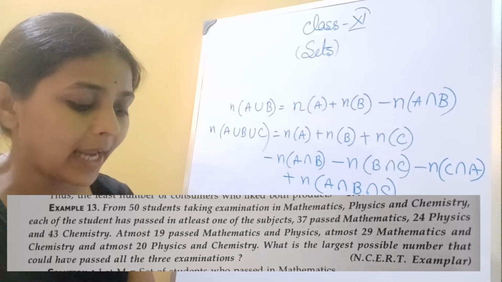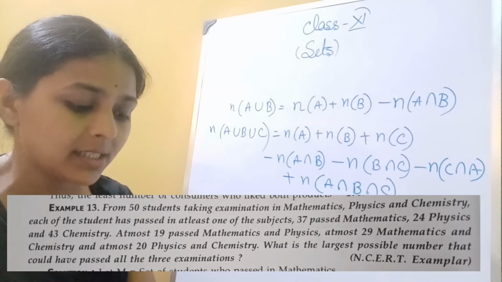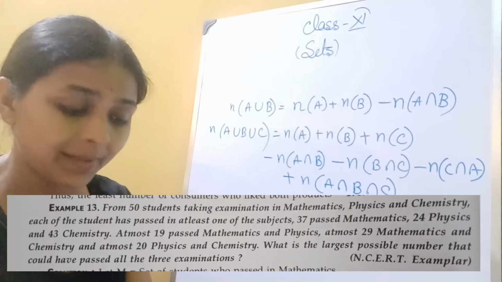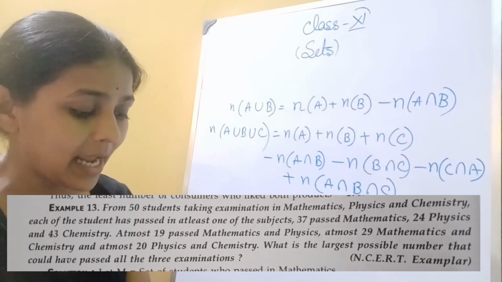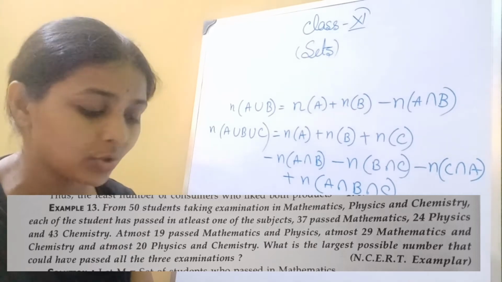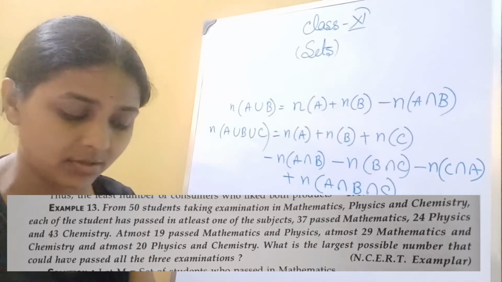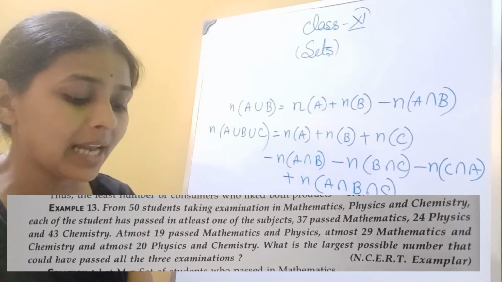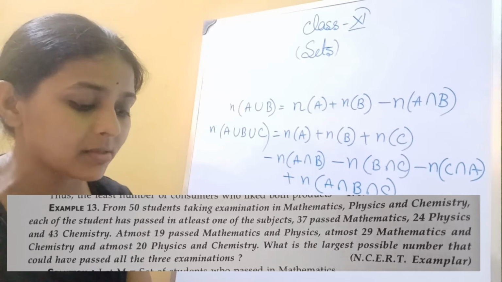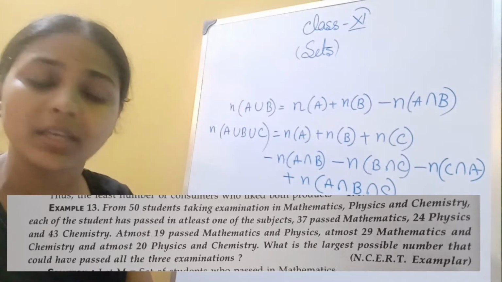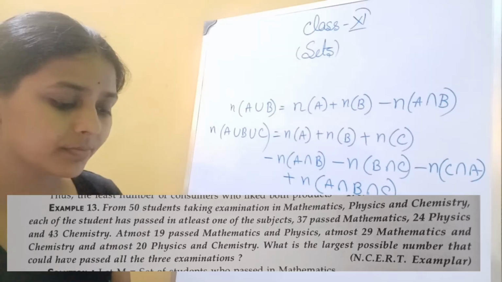At most 19 passed mathematics and physics, at most 29 mathematics and chemistry, and at most 20 physics and chemistry. What is the largest possible number that could have passed all the 3 examinations?